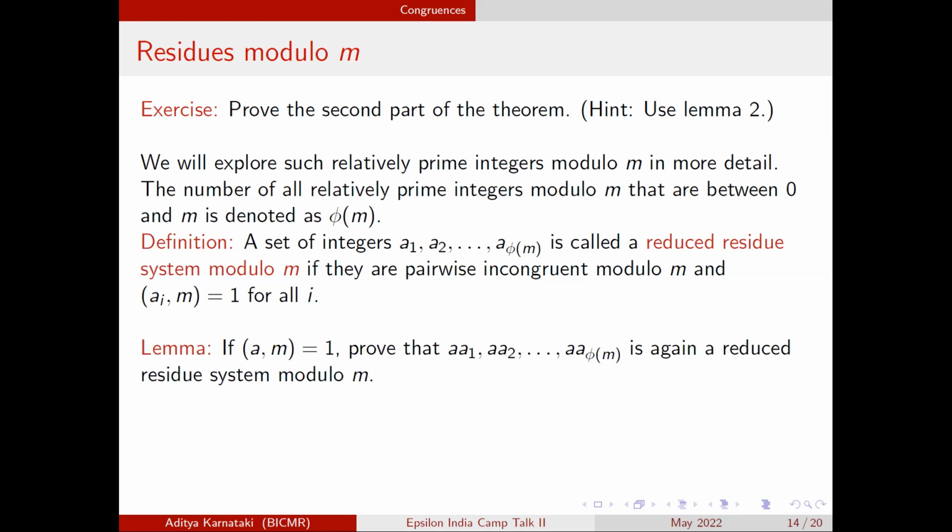And the first lemma is that if a is another integer whose GCD with m is 1, then if you multiply all of the reduced residue system members by a, then you again get a reduced residue system modulo m. So it's like a translation.